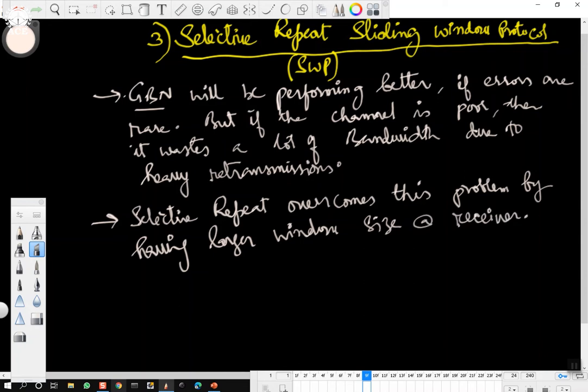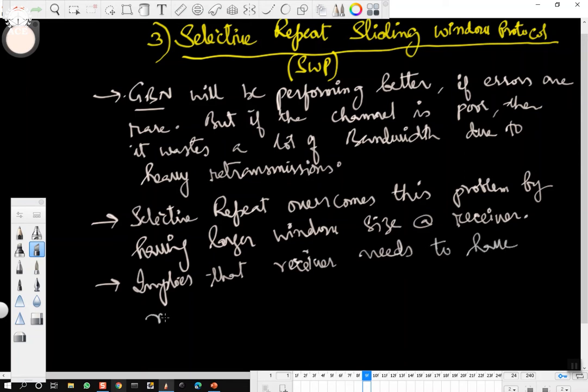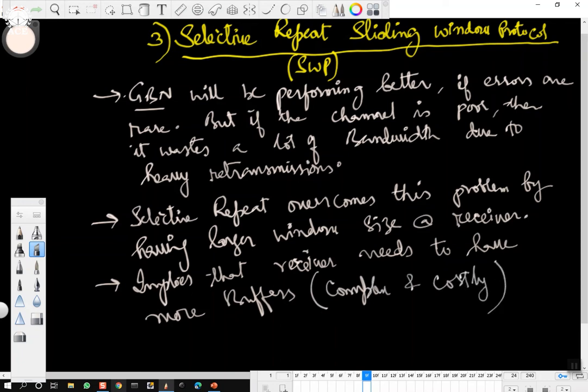But having a larger window size at the receiver also implies that the receiver needs to have more buffers. So therefore, this will become more complex and also costly.